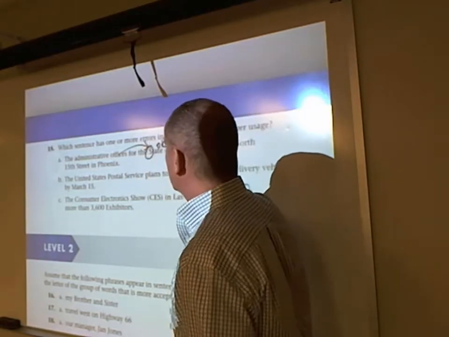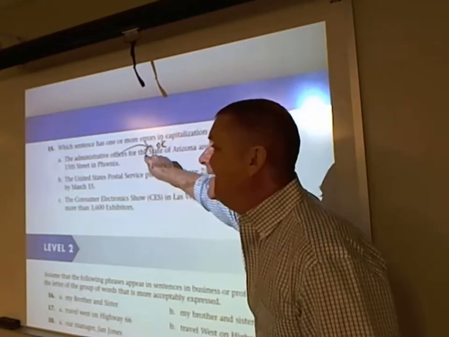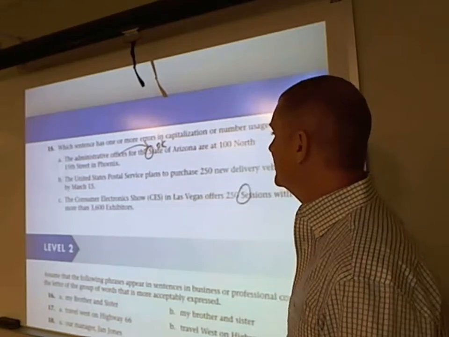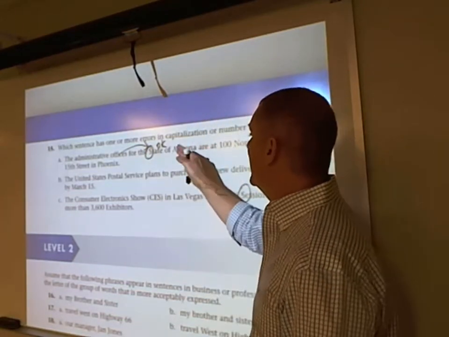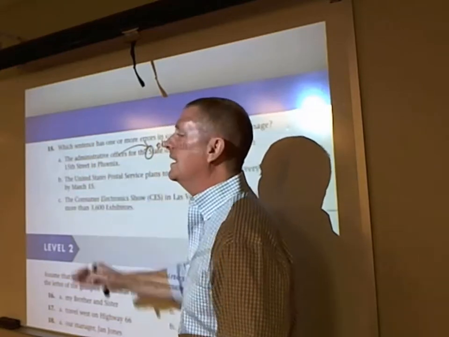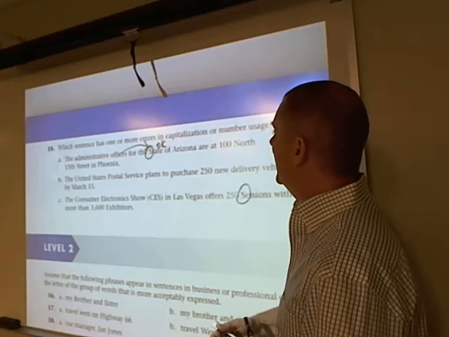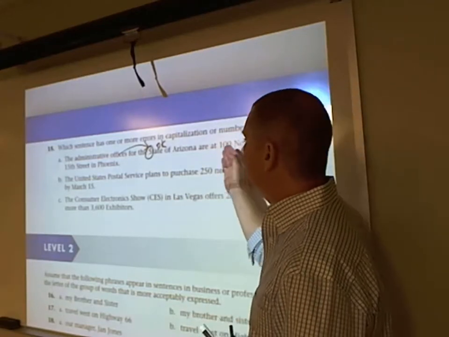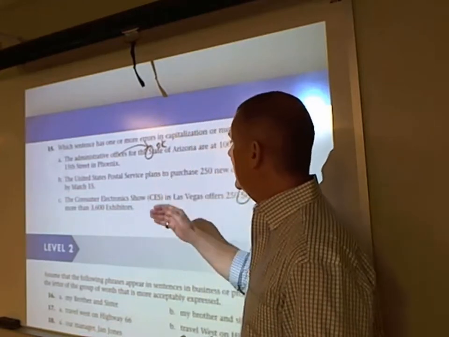So that's what makes state capitalized in this particular case. As you see, I marked it as being an error, but it's the state offices for the administration, or the administration office for the state of Arizona. And then 100 North 15th Street, it's above 10, so it's a figure in Phoenix, and Phoenix is capitalized as well. So letter A is actually correct.